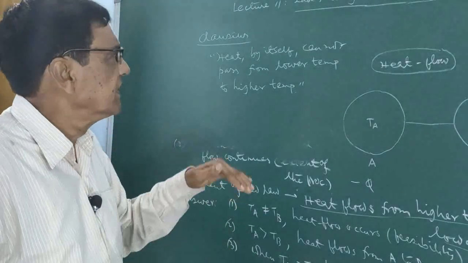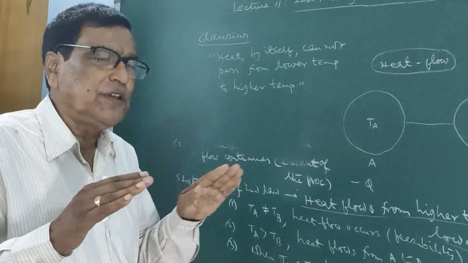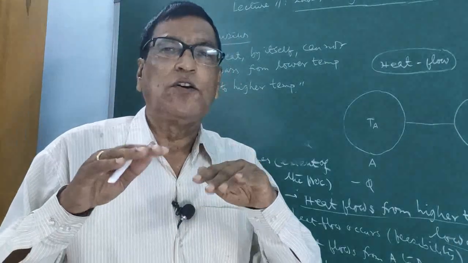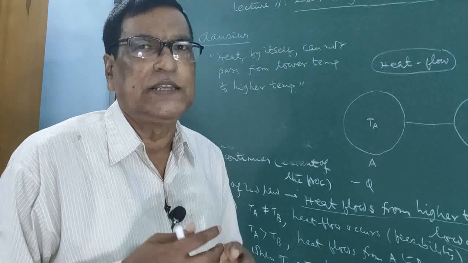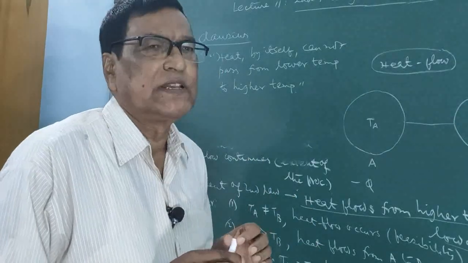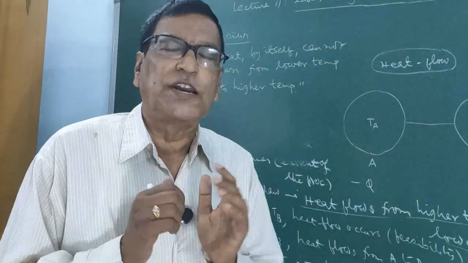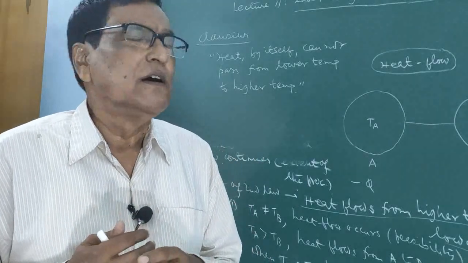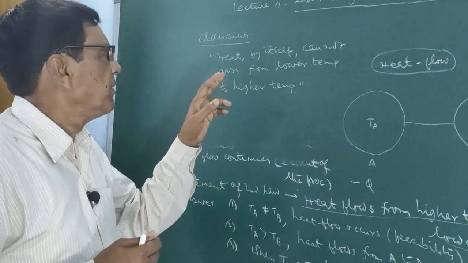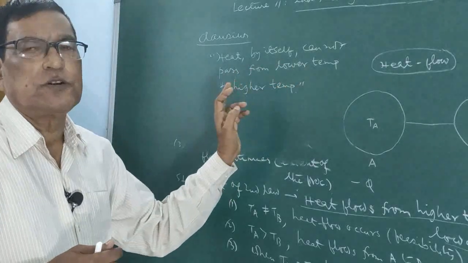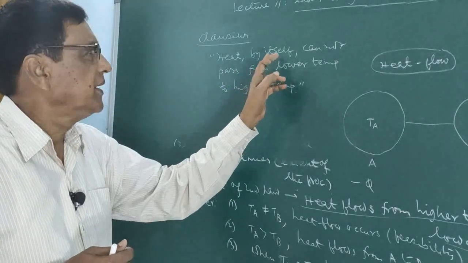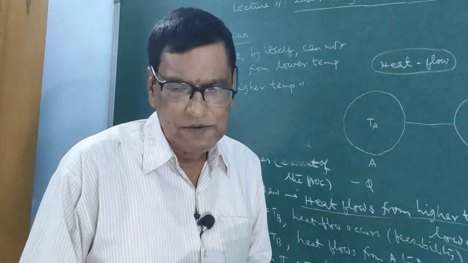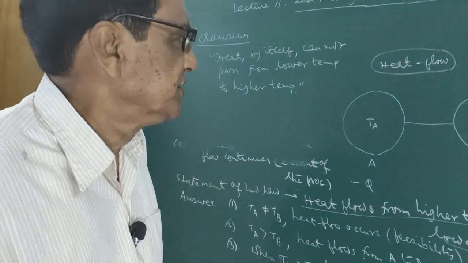But if we add some external agency, if at the cost of this external agency we supply energy from an outside source, then it is possible for heat to pass from lower temperature to higher temperature, not by itself, but by the aid of the external agency.